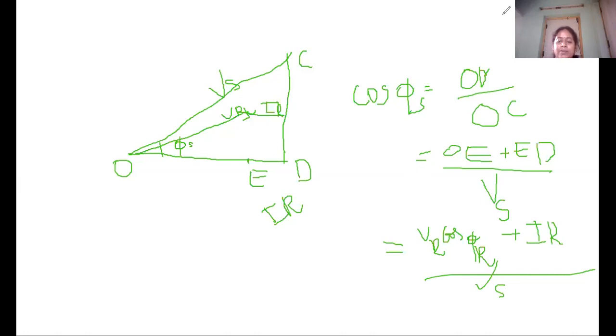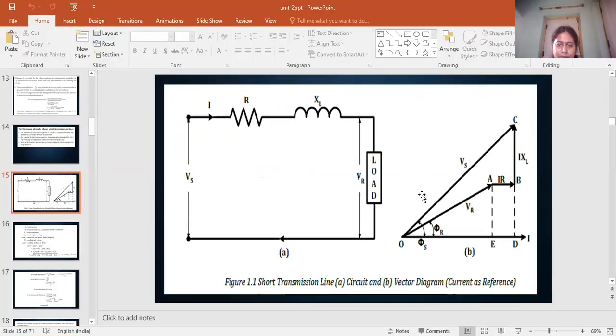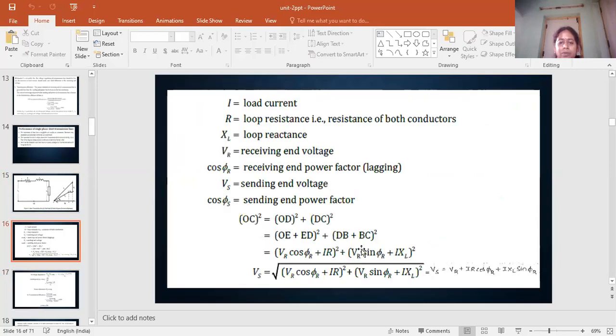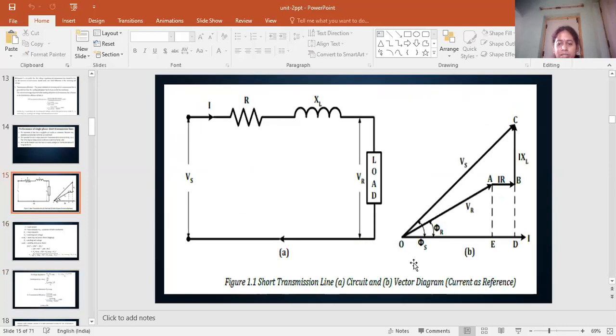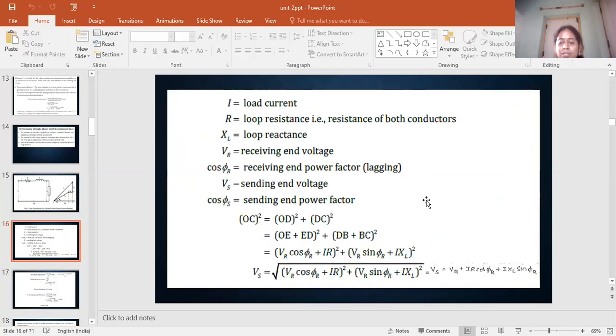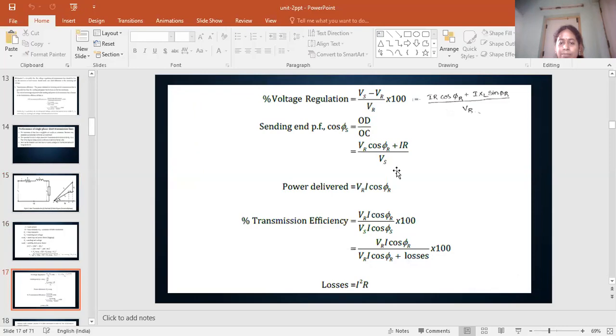We can find it in the problems directly by using this formula for power factor. OD is nothing but OE plus ED. In the place of OE we place VR cos phi r, plus in the place of ED, it is IR, divided by Vs.